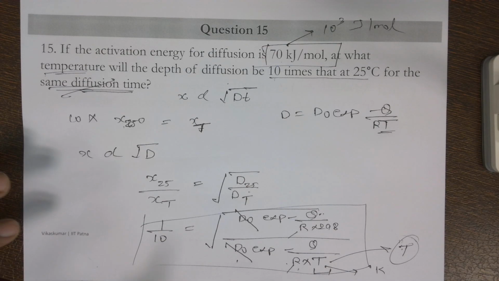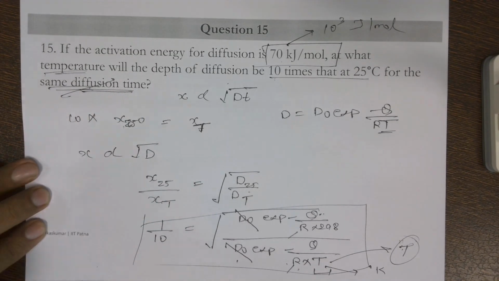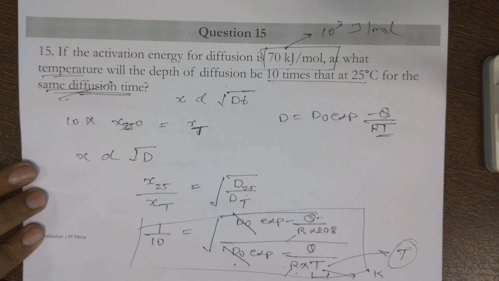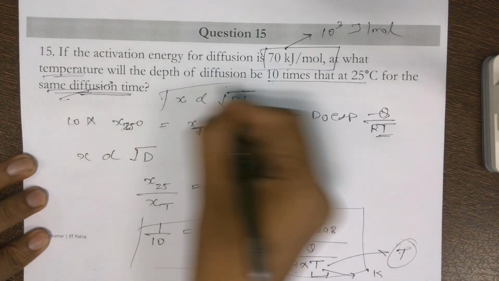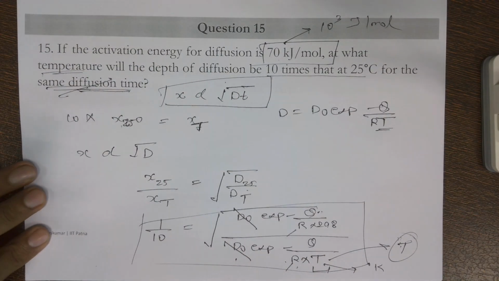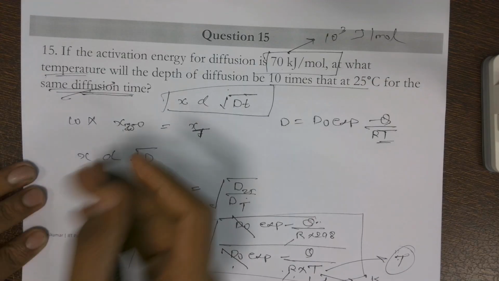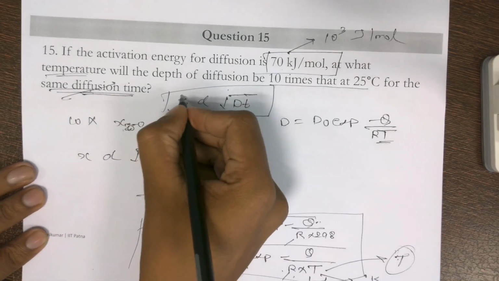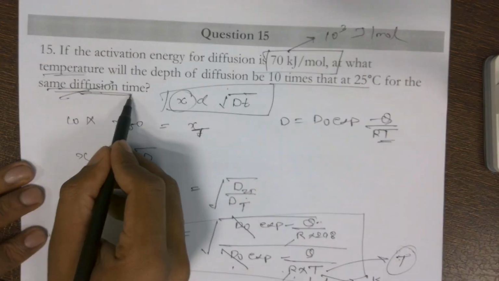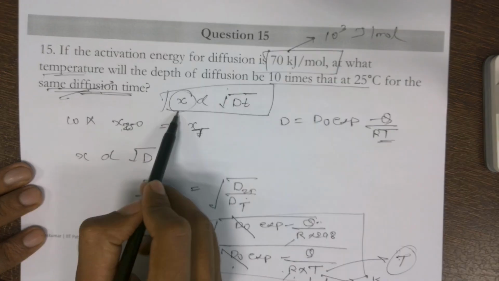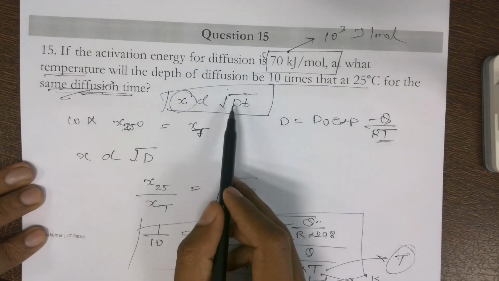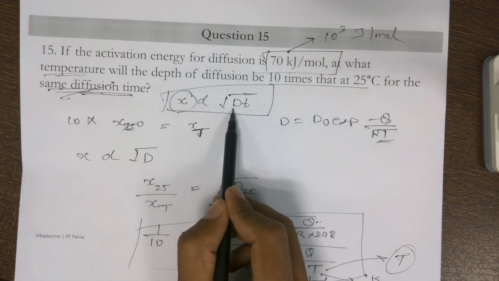Okay. So this is how a question will frame. It can also happen that for this equation, 3 variables are there, so the question can play in 3 different ways. The question can also talk about the same depth. Instead of saying the same diffusion time, it will talk about the same depth. For the same depth, at a particular temperature, the thing was happening at 5 hours.